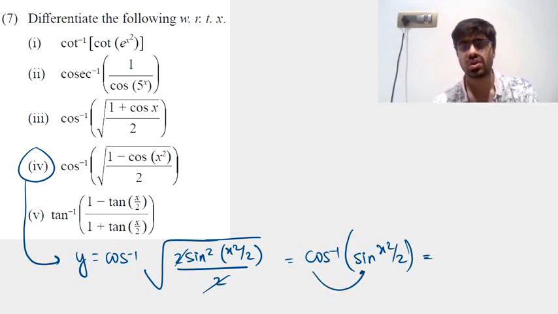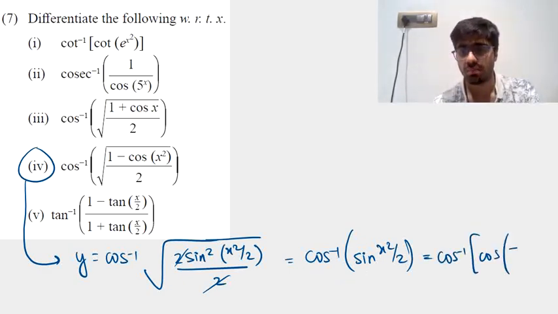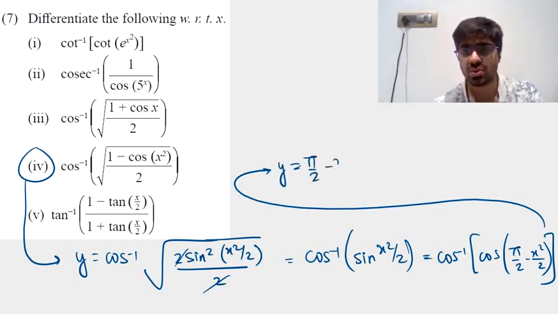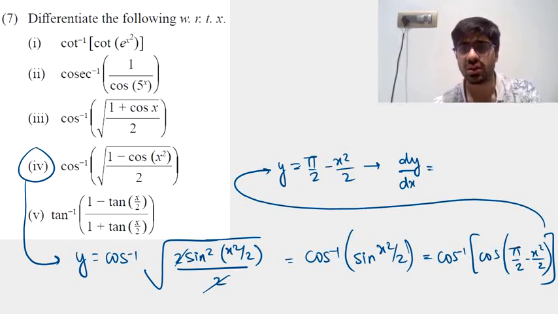And because there's a cos, we need to convert this to cos. So we have cos inverse of cos of pi by 2 minus x square by 2. So cos inverse of cos gets cancelled. Y will be pi by 2 minus x square by 2. So dy by dx, that's going to be 0 minus 2x divided by 2, that will be minus x.